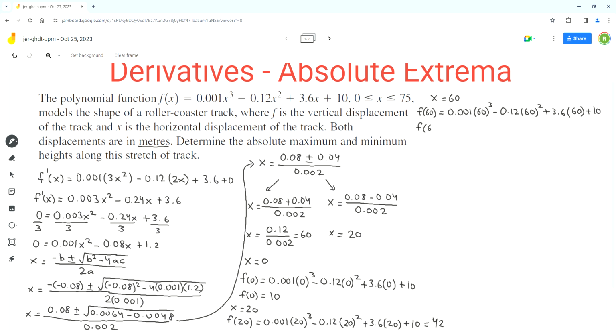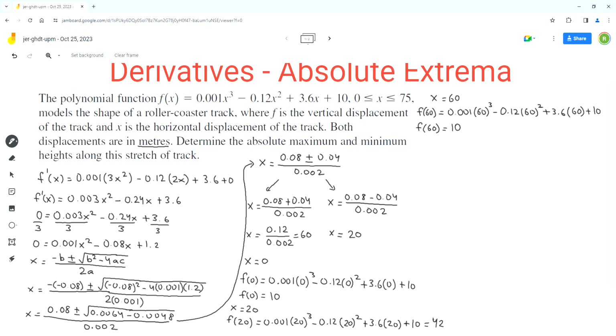So now we have to evaluate this expression. So I got 10 and the unit is meters.